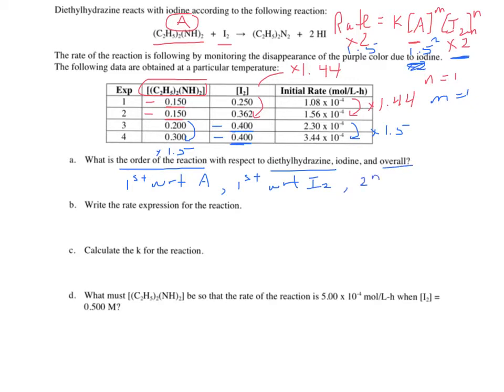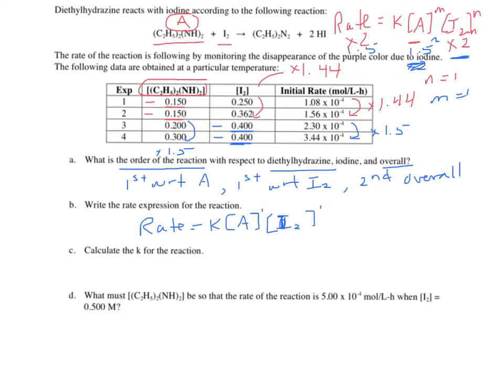So we say it's second order overall. So my rate expression is K times the concentration of diethylhydrazine times the concentration of I2. And these are both to the 1, and you don't have to write the 1.